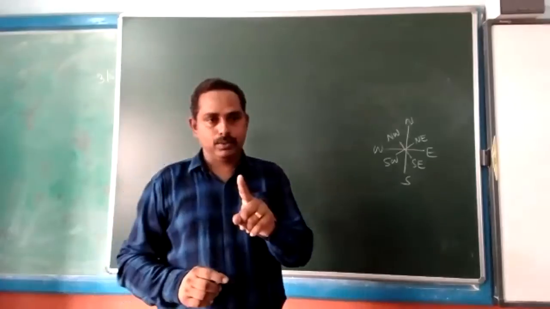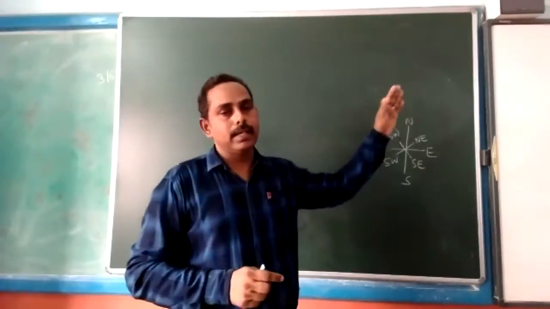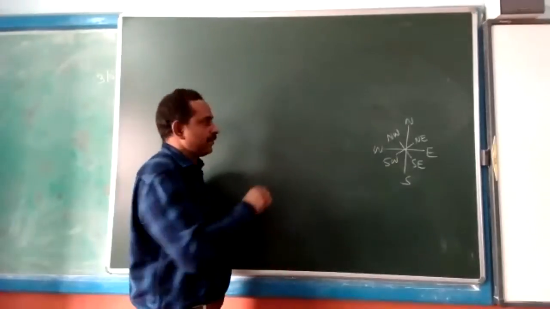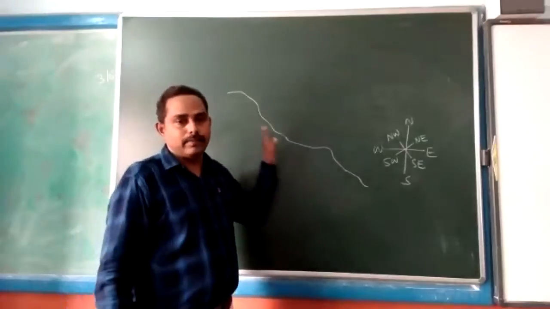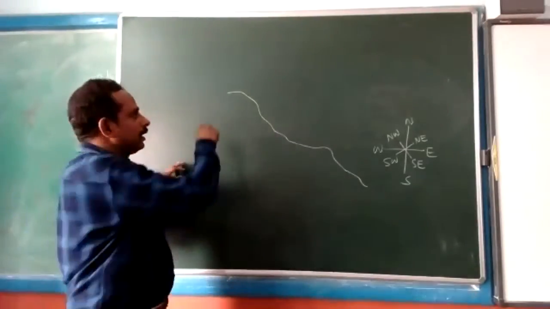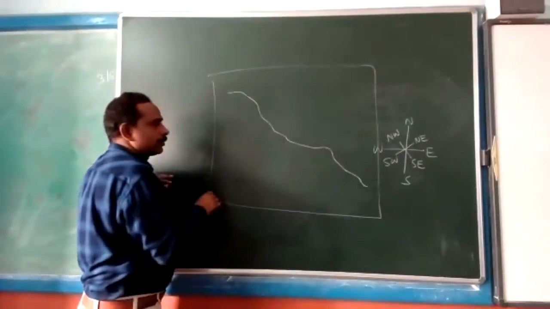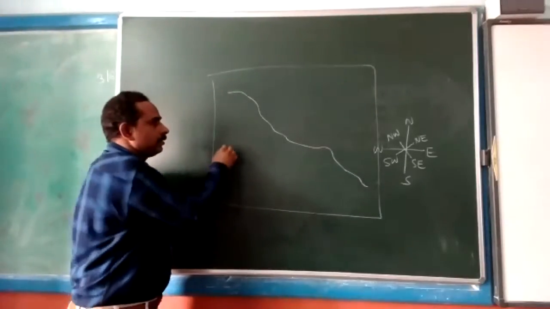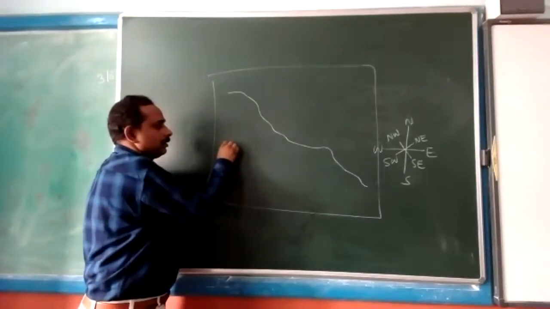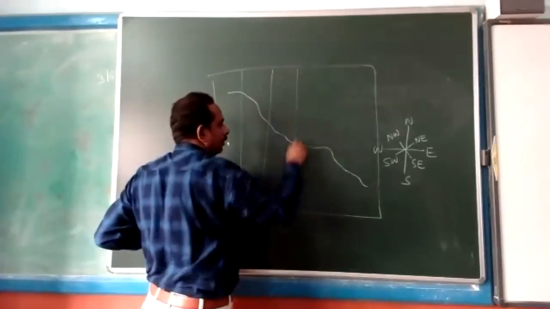First we have to check the height of the area. From the upper height to the lower height, the river always flows. Whenever you are checking your topo sheet, different spot heights can be given in different grids. I am not drawing everything.